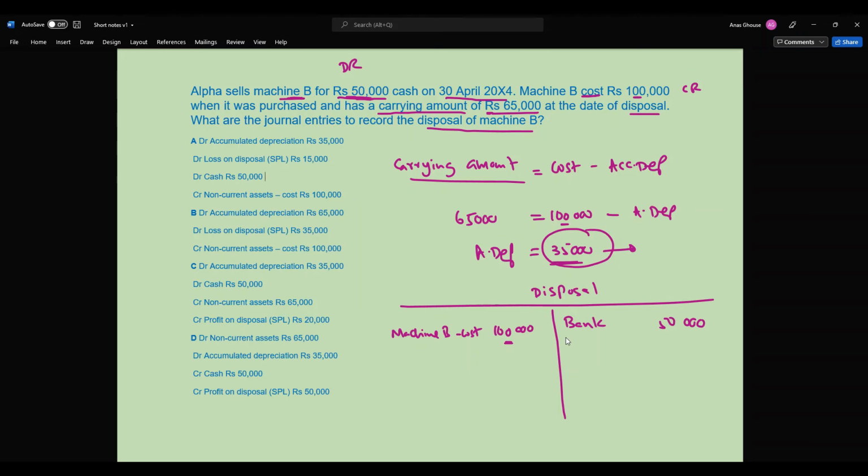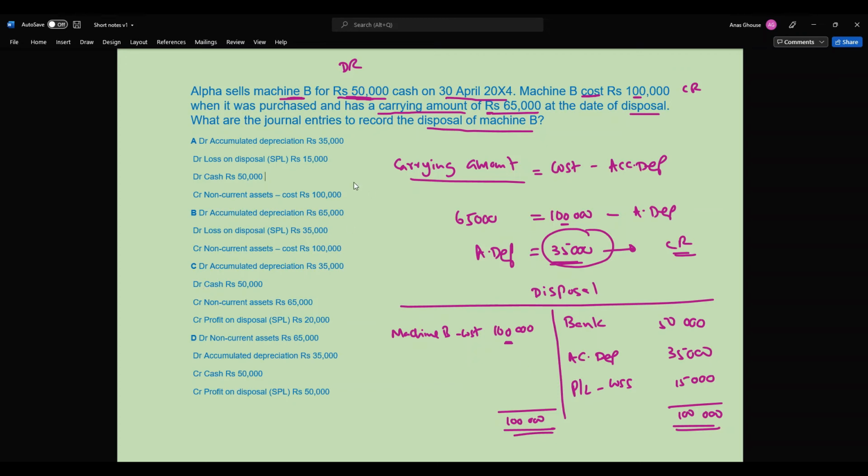Accumulated depreciation is a credit balance, so you debit it and credit the disposal account, 35,000. If you balance this account, 100,000 against 100,000, the difference is 15,000. We need to credit disposal and debit profit and loss account, as this is a loss.